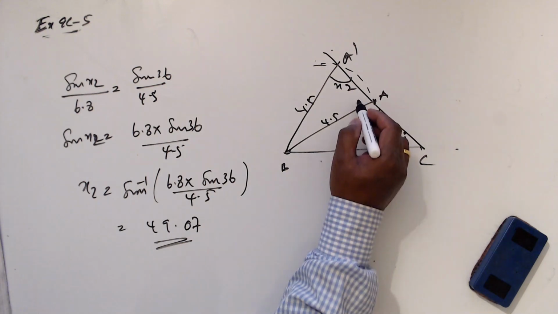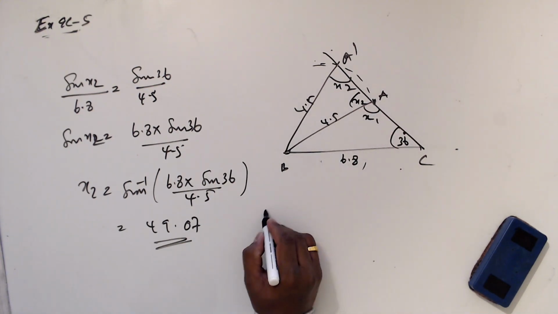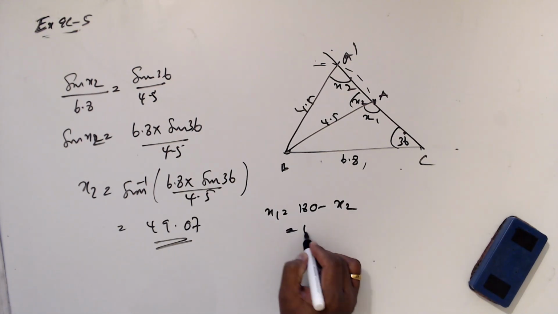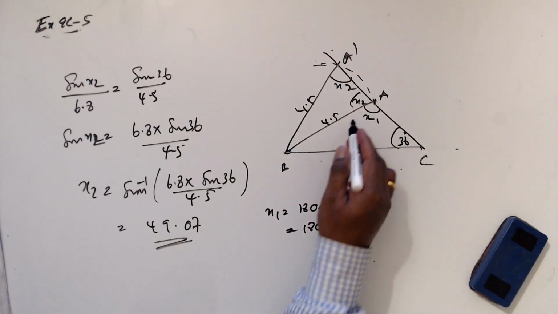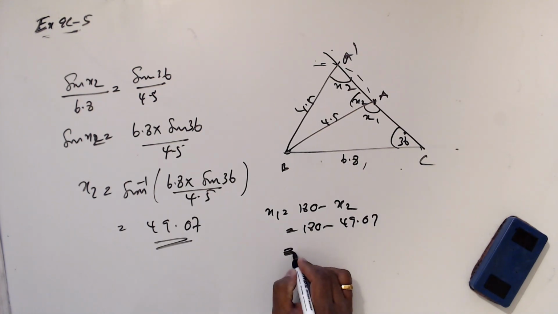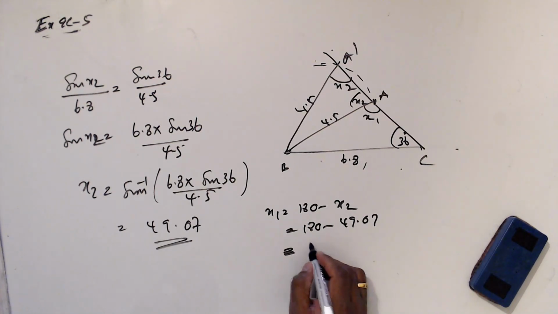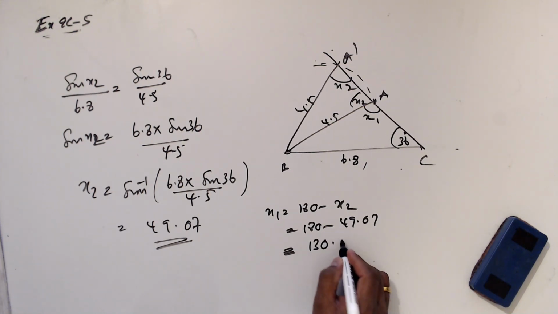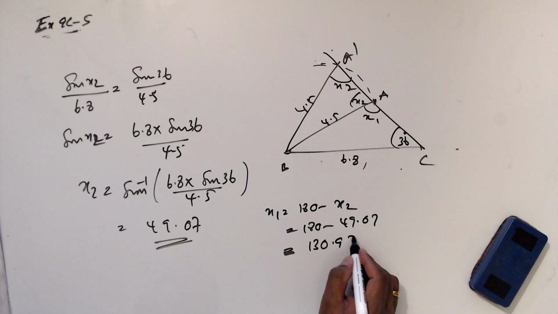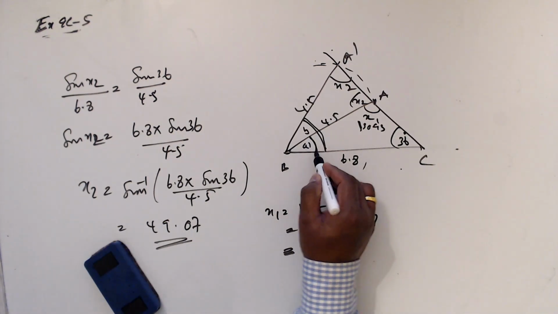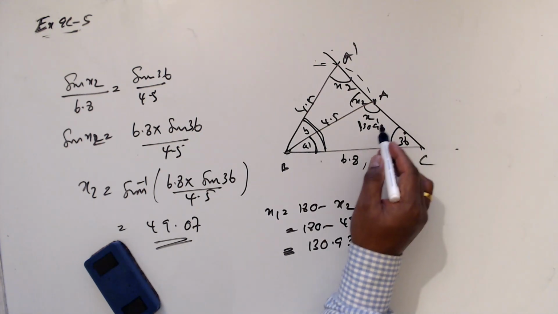And so this is also x2. Now x1 is 180 minus x2. 180 minus x2 means 180 minus 49.07. So this is 130.93. Now this small angle is A with this small triangle.